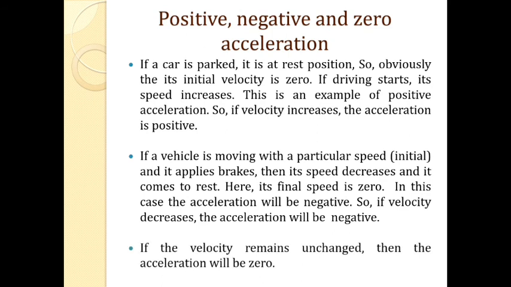And the last one, if the velocity remains unchanged, that means if the car is moving with a velocity of 20 meters per second, and in a whole 1 minute it continues with the same velocity, then within that 1 minute the acceleration must be 0 because there is no change in the velocity.